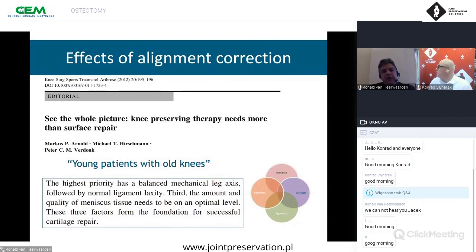And they found out that the highest priority in treatment is, first of all, a balanced mechanical leg axis. Then you look at the ligaments. Third, you look at the meniscus. And then comes a time after these three factors are taken care of for a cartilage repair procedure. That's the right order: mechanical leg axis, ligaments, meniscus, then cartilage repair.